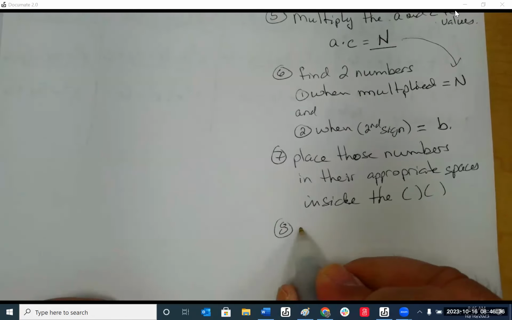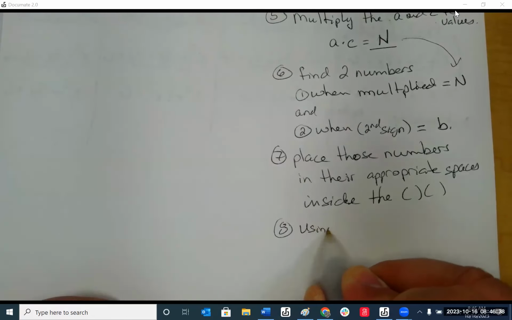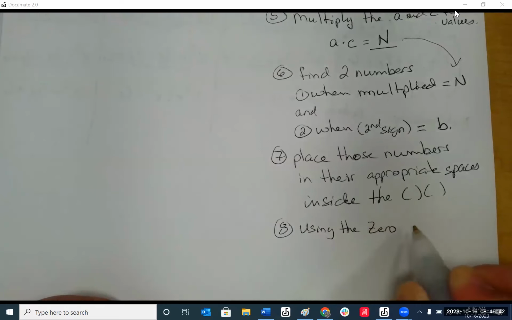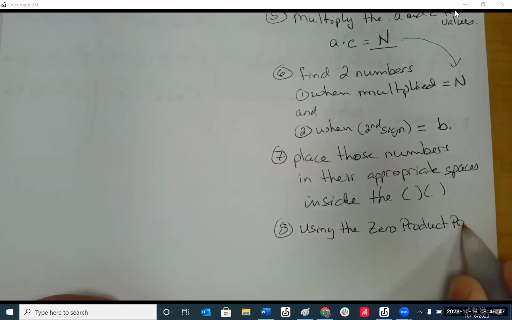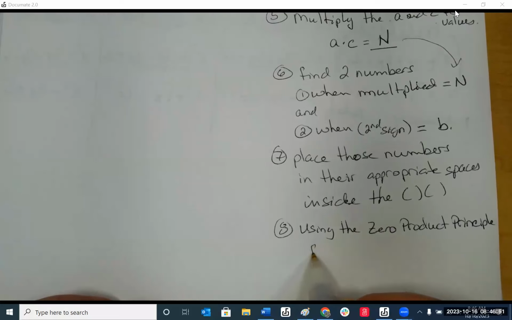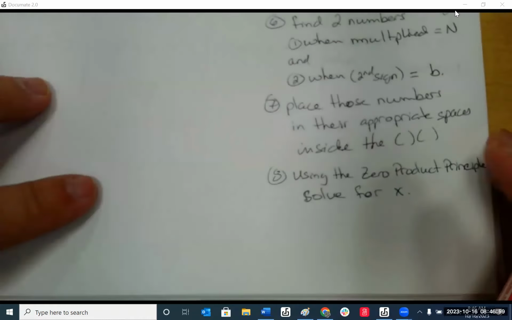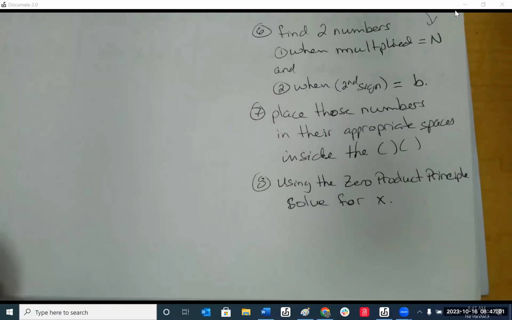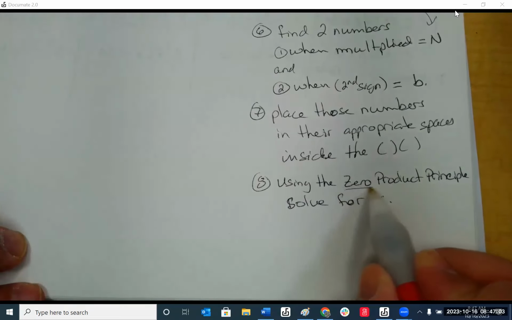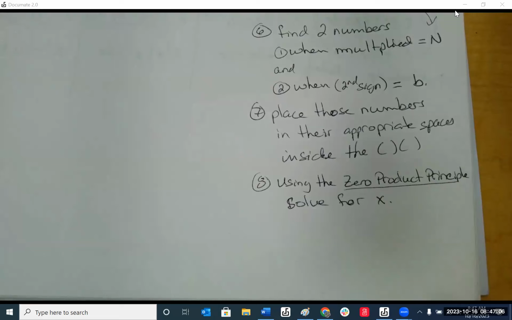Now, using the zero product principle, solve for x. Okay, the zero product principle says this.